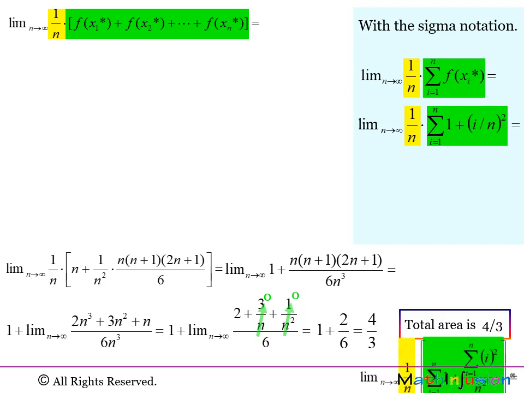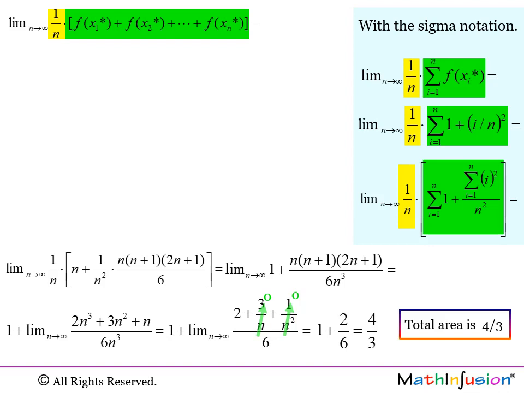I'm using a property of the sigma here. I'm using the linearity. First, I break it into two sums. The one is the sum of the ones, and the second is the sum of the i over n to the power of 2. But n to the power of 2 is not dependent on i, so I can actually distribute 1 over n to the power of 2.